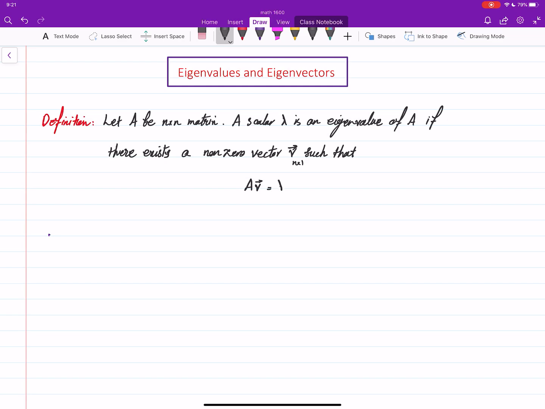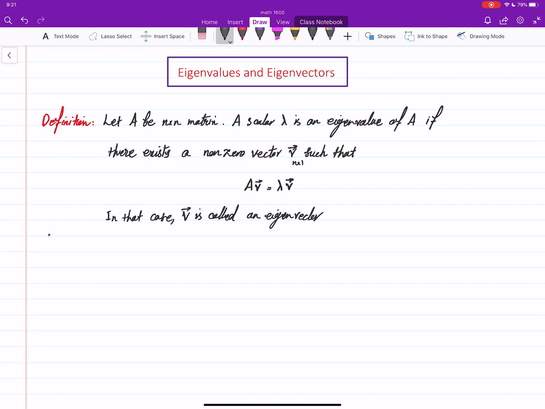We want that Av, which is a vector, to be just a multiple of v. In other words, multiplication of A to v is nothing but just multiplying by lambda in the direction of v. Well, in that case, we call v an eigenvector.